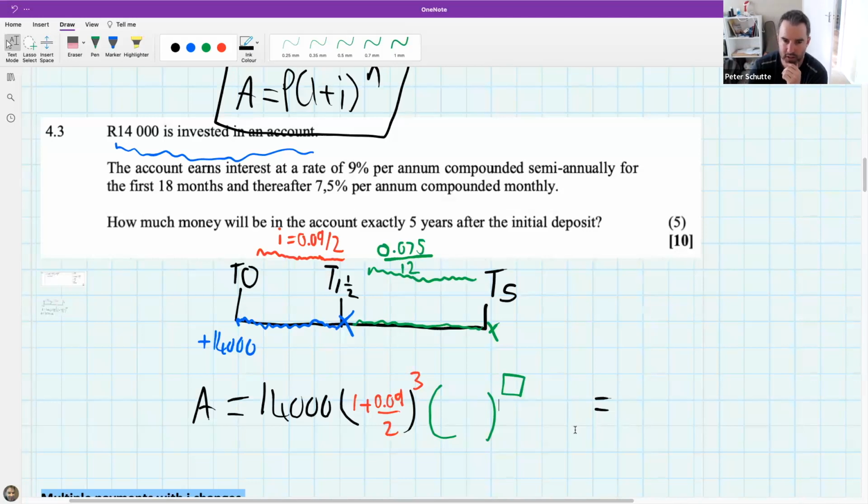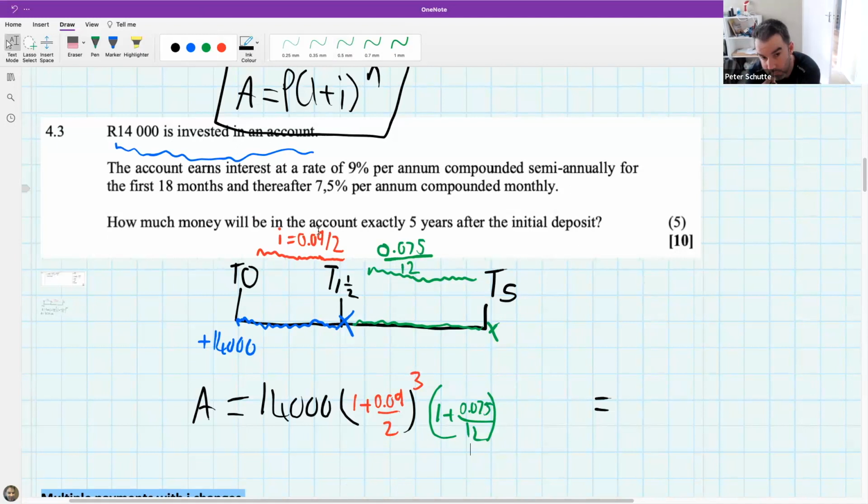So remember, when you go here, you go 14,000, you get that, you go equals. And then after you've got your equals, you do this bit. What do we think the time periods are going to be for the green part? I'm not in half years anymore.